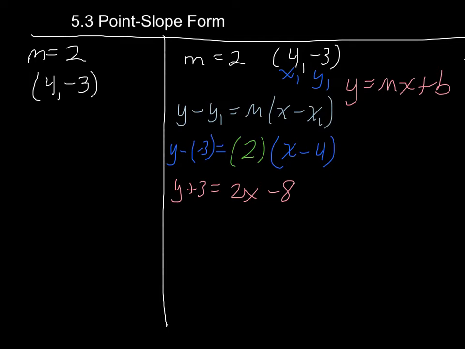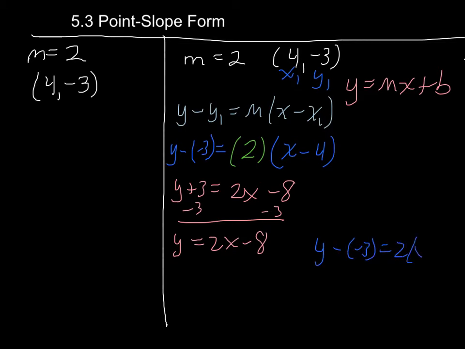Then if I want to get y by itself, I subtract 3 from both sides, and I get y is equal to 2x minus 11. So I still can change it into y-intercept form, but if I want to leave it as point slope form, the answer would be y minus -3 equals 2 times x minus 4. That is point slope form.